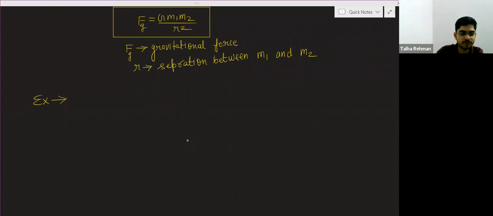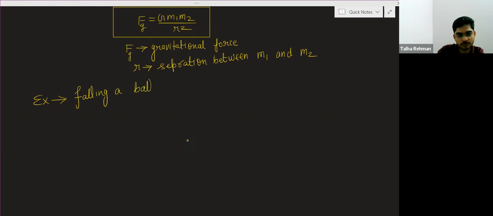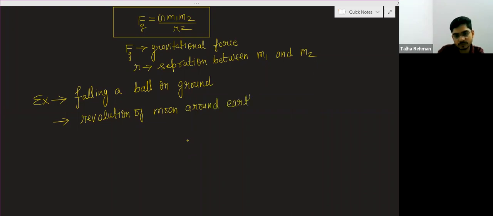You can take the example of a ball falling on the ground, or you can say the revolution of the moon around the earth is due to gravitational force.